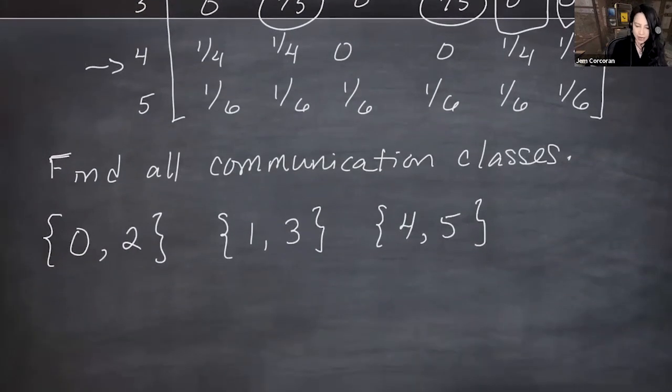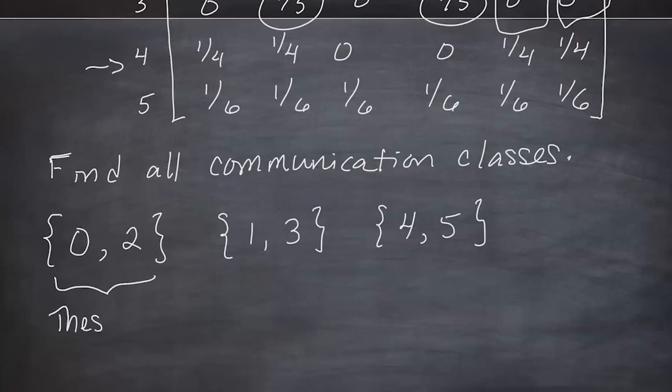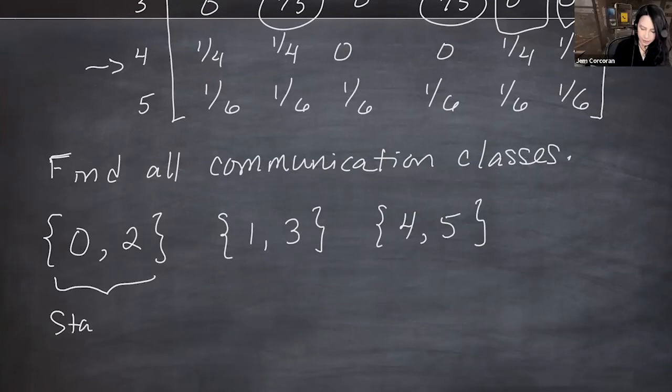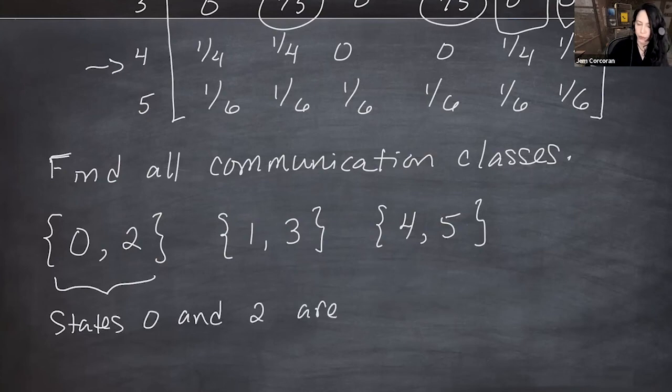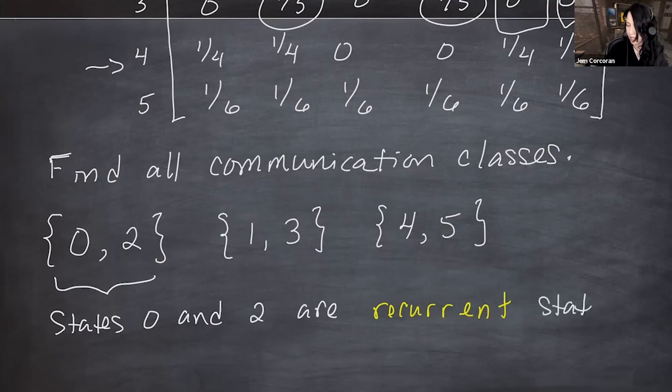But before I do that, I want to define something. So these states, 0 and 2, are what we call recurrent states. Not sure I'll get to it today, I have a formal definition coming up, but a recurrent state is one that you will come back to eventually.